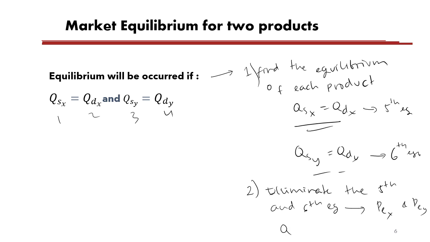Then substitute Pex and Pey so that you can find Qey and Qex.